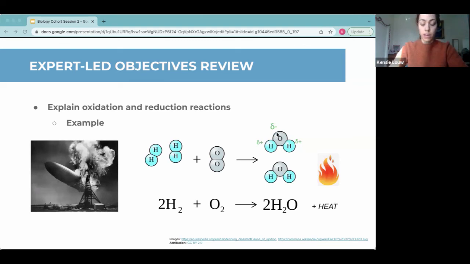So gained electrons, RIG, reduction, oxygen was reduced. I put this partial negative symbol here to remember that the negative electrons are being hogged by the oxygen. And hydrogen, which is not electronegative, is not hogging the electrons. The electrons are not really hanging out around the hydrogen. So you can say that hydrogen is losing the electrons. So loss, OIL, hydrogen was oxidized.